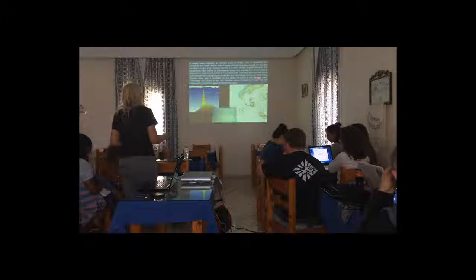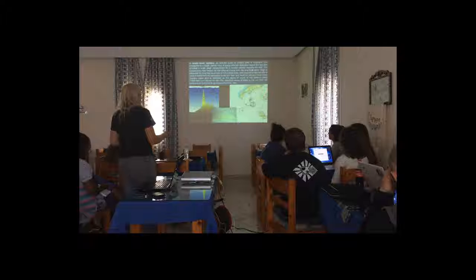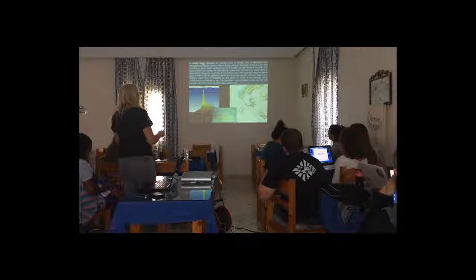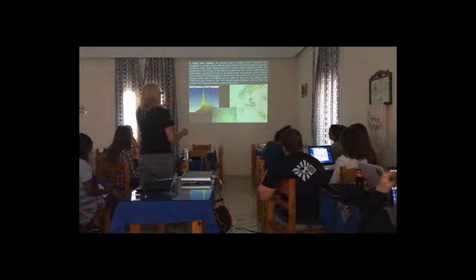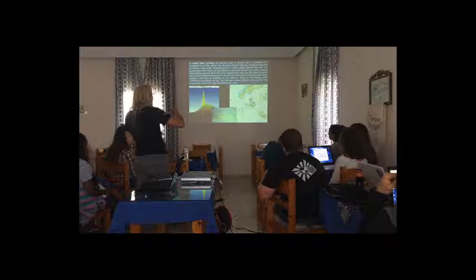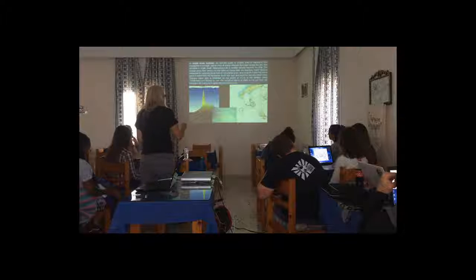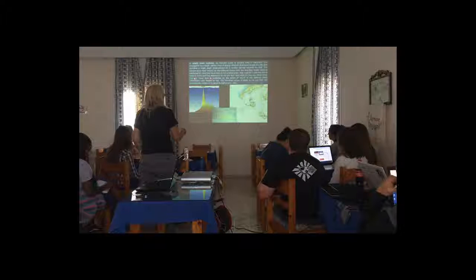The most important thing is that we tried to measure the water depth. How is it calculated? The water depth is calculated by using the travel time of the emitted pulse, and how long it takes the sound wave to travel from the transducer to the seafloor and back. So we measure the two-way travel time.